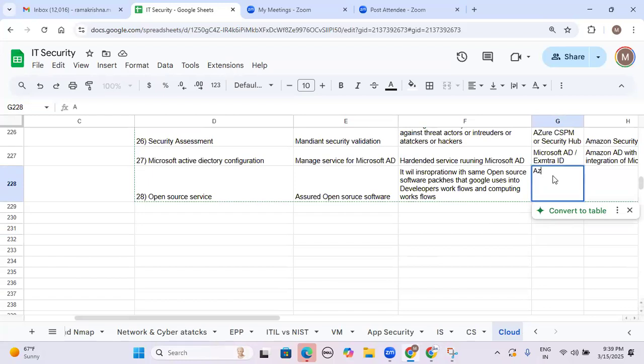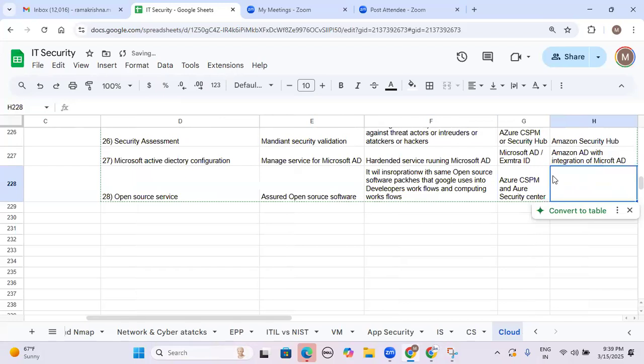So this is Azure CSPM and Azure Security Center. This one, on the Amazon side, they don't have right now. So they have to depend on third party.